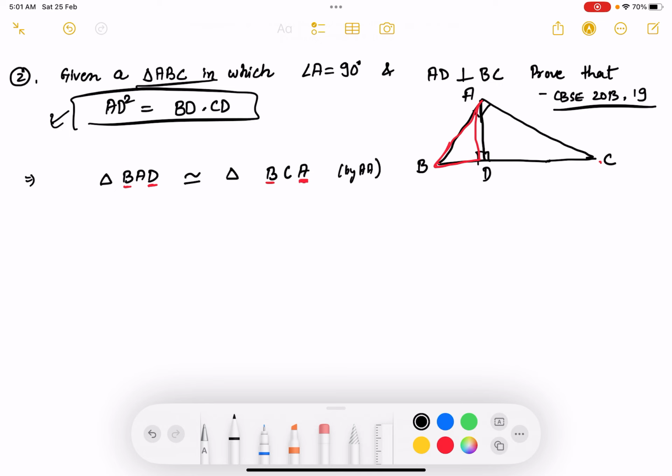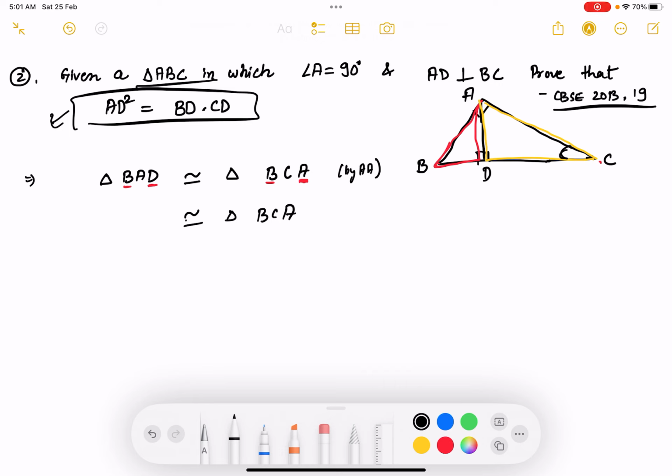Now again we'll take another triangle. This is the smaller triangle ACD, and again the bigger triangle BCA.